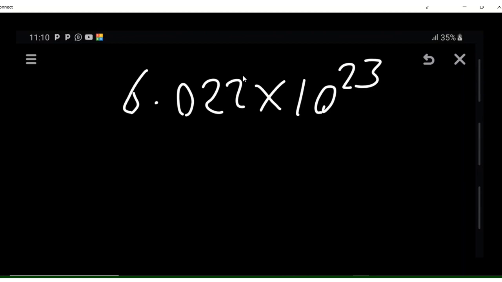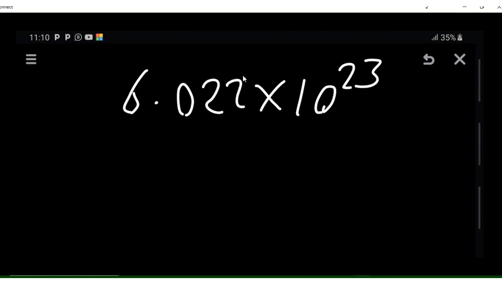For example, 6.022 exponent 23 atoms of carbon, each with a mass of 12 AMU, have a mass of 12 grams. Is this true? Yes, it is true.